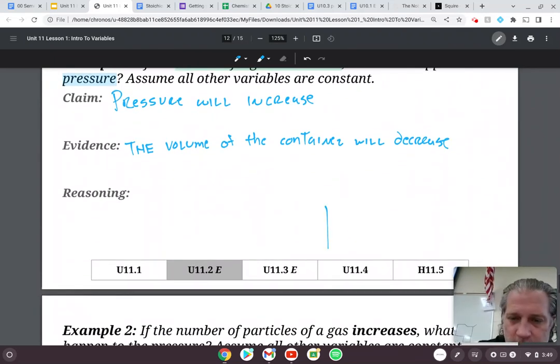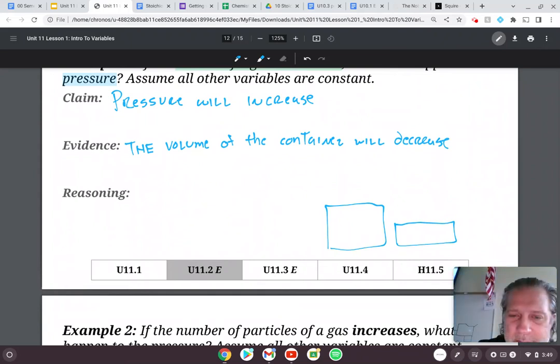If I have a box and I squish it down to about half the size, and I put inside that box, say, 4 particles, those 4 particles are going to fly around and hit the sides of the container. But if I make the box half the size, those particles are going to hit the container more.